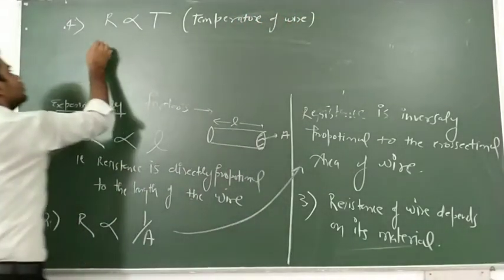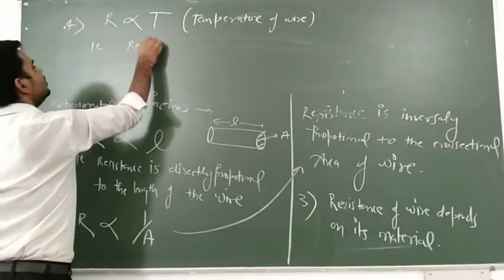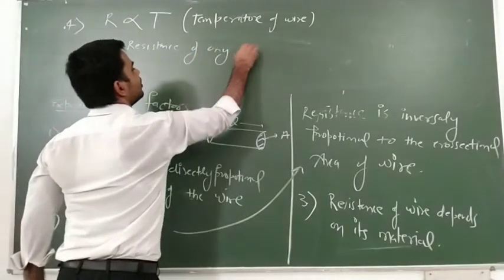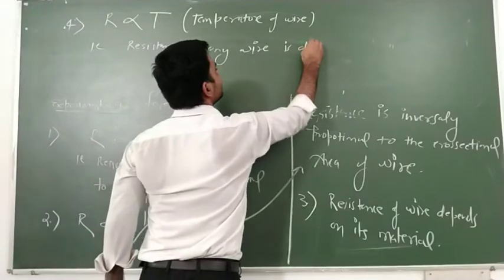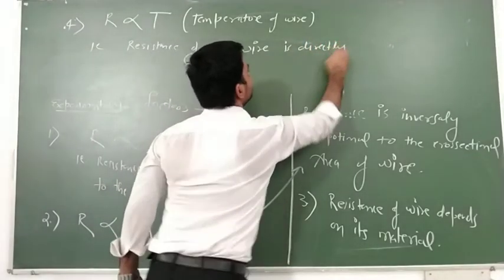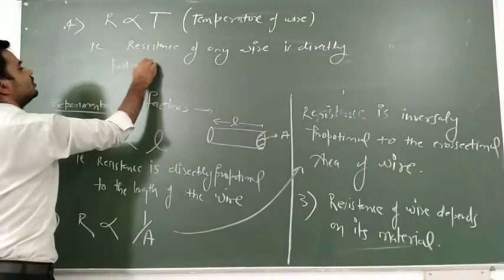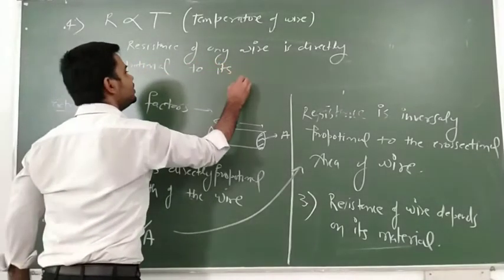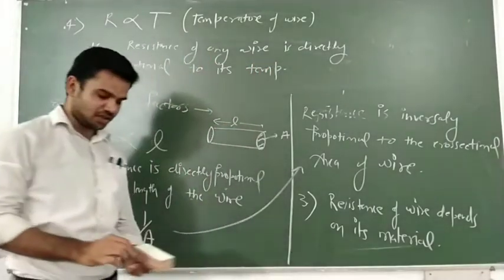In the statement, you can say the resistance of any wire is directly proportional to its temperature. This is the fourth and last one.